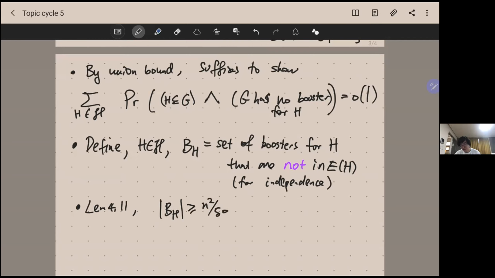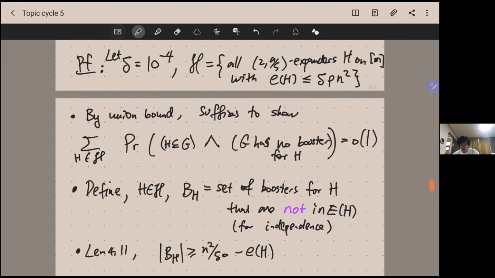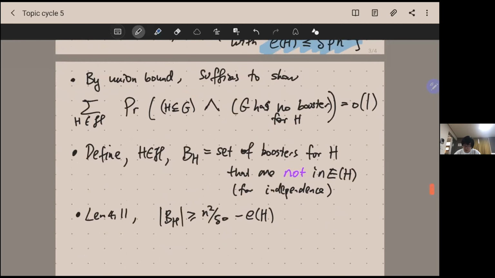But since we choose those not edges of H, we have to subtract E of H, right? We don't want those in E of H. This is not a problem because this is where we use the fact that H is sparse. We still have lots of boosters, not edges of H. Okay, so this is at least n squared over 100.